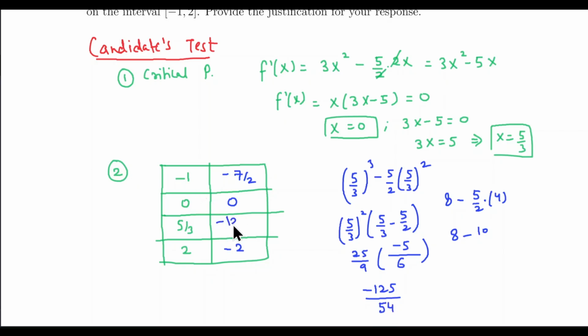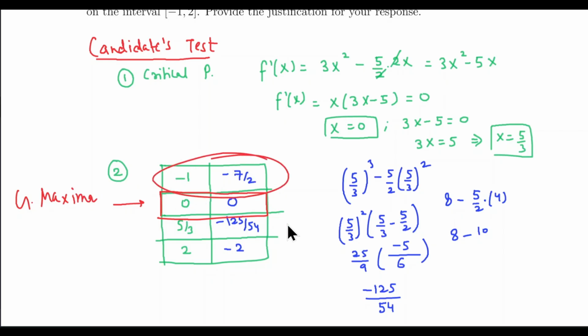So -125 over 54. So clearly, global maxima is this. This is global maxima because this is the maximum value. So global maxima is this. And the minimum value is -3.5 because this, guys, is not even -3. It would have been -3 had the numerator been more than 150.